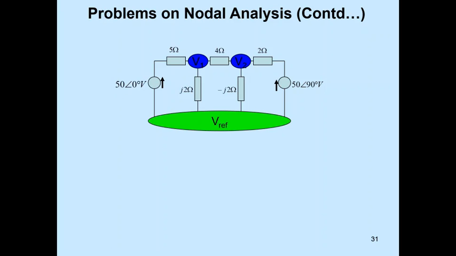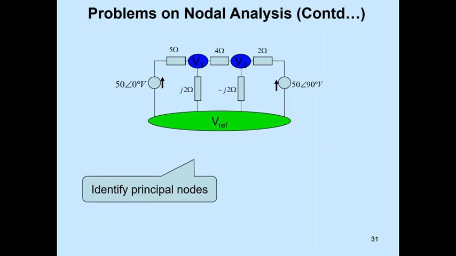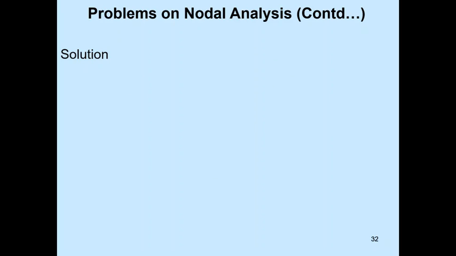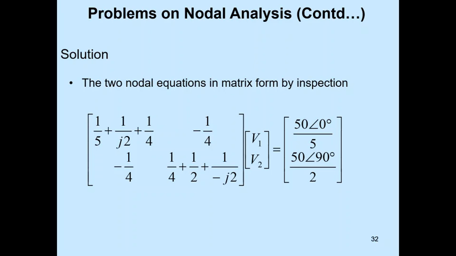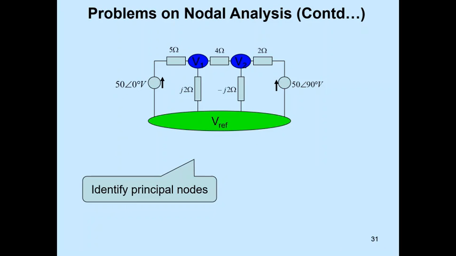Now how to write these 2 equations? So the 2 nodal equations is 1 by 5 plus 1 by J2 plus 1 by 4, minus 1 by 4, and minus 1 by 4, 1 by 4 plus 1 by 2 plus 1 by minus J2. See, again I am repeating this.